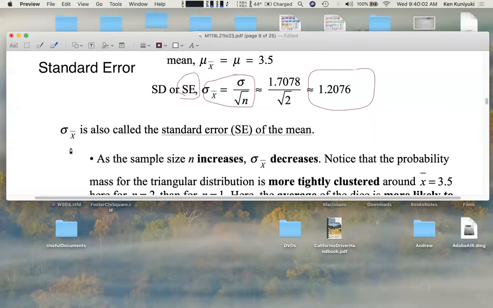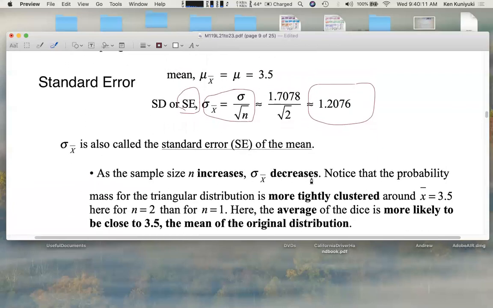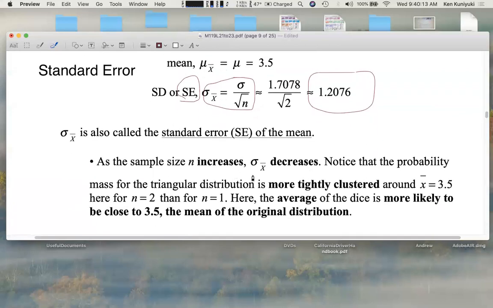Again, sigma sub x bar is also called the standard error, or SE, of the mean. As the sample size little n increases, the standard error, or the standard dev of the x bar distribution, sigma sub x bar, decreases.